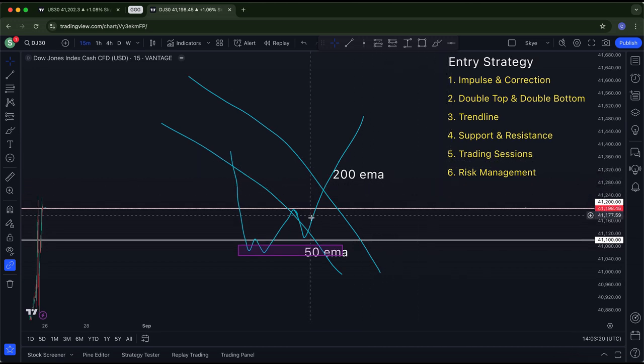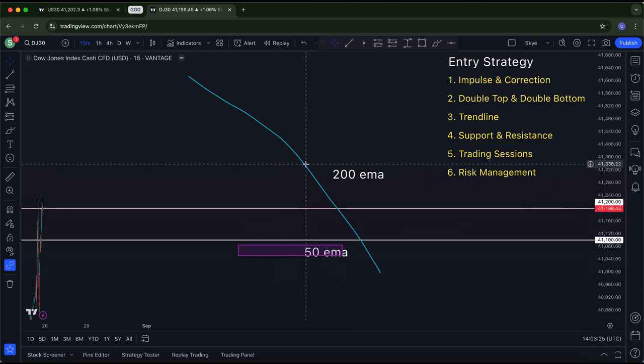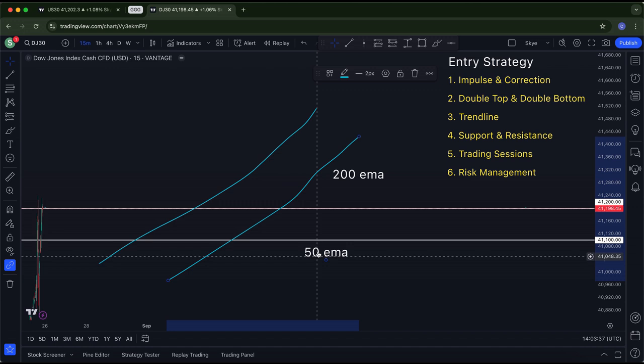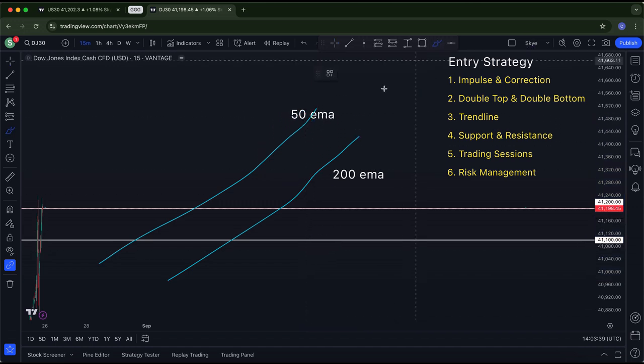So let me delete this and draw an example of an uptrend. For an uptrend, 50 above, 200 below. If you see something like this, just watch out. Something like this M pattern is now giving you a kind of fake setup.